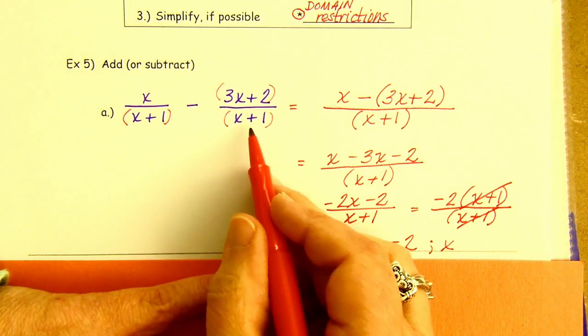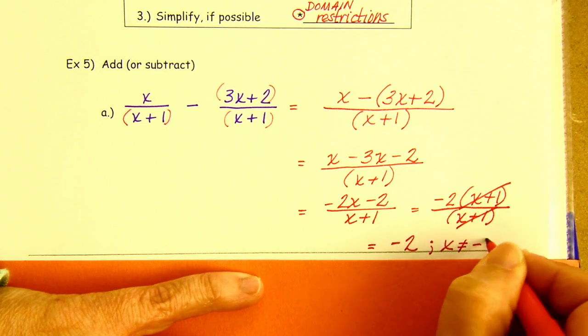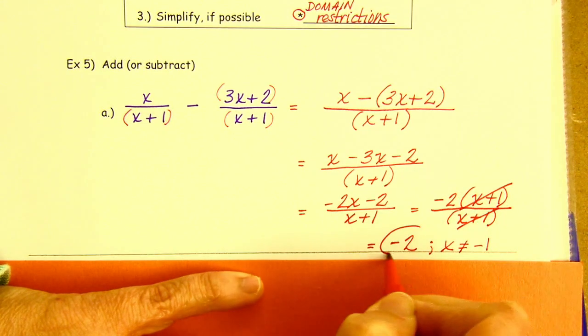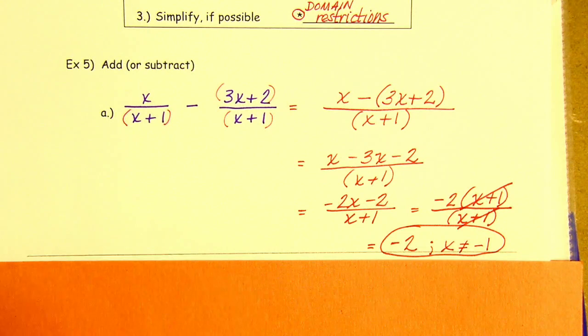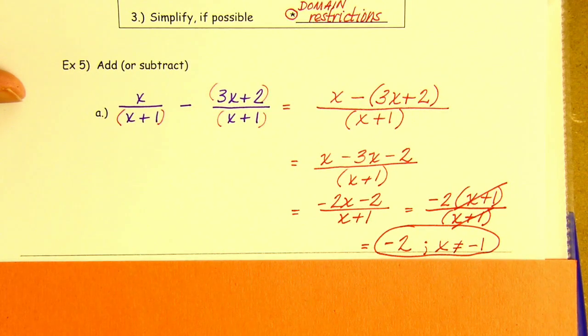Negative 1 would provide a 0 in the denominator, so x is not allowed to equal negative 1. Final answer, simplified form. I have subtracted these two fractions and found that for every value of the variable x, I'm going to get a negative 2, except when x is negative 1. That is subtraction when the denominators are the same already.